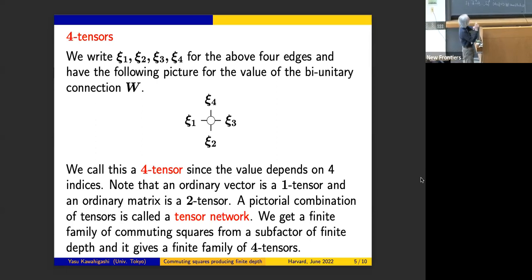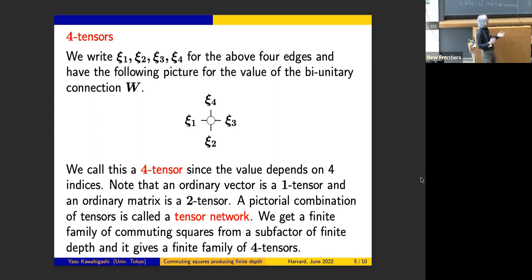Then we have 4 edges in this setting, and we write Xi1, Xi2, Xi3, Xi4 for these 4 edges. And then we draw this picture. This is a tensor notation. So we have 4 indices labeled by edges, and then we have an assignment of a complex number depending on these 4 choices. This is a 4 tensor because this value depends on 4 indices.